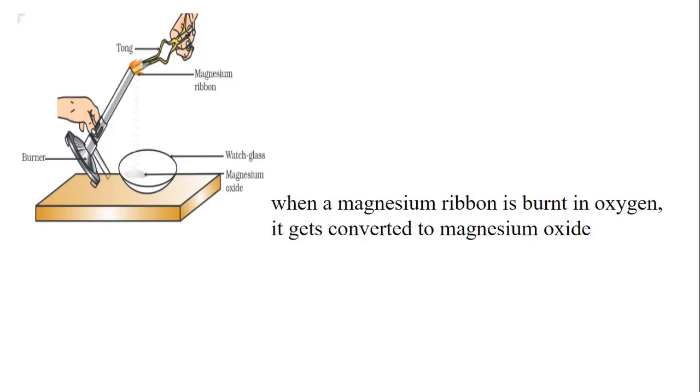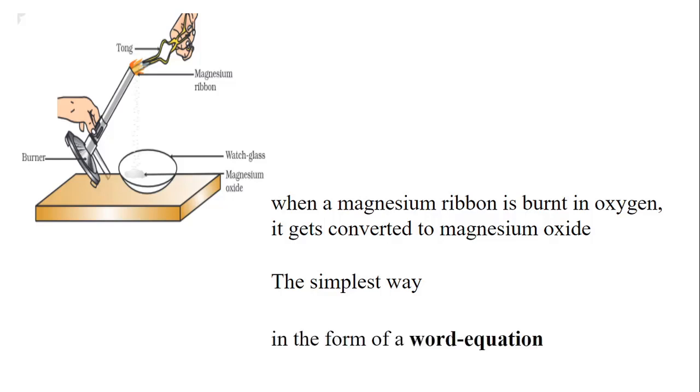This description of a chemical reaction in sentence form is quite long. It can be written in a shorter form. The simplest way to do this is to write it in the form of a word equation.